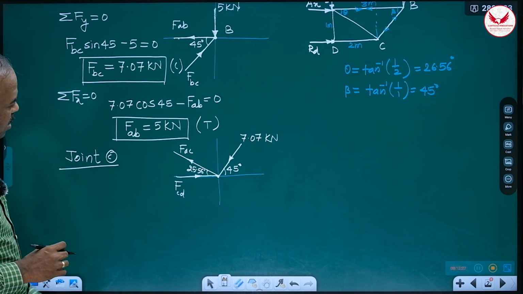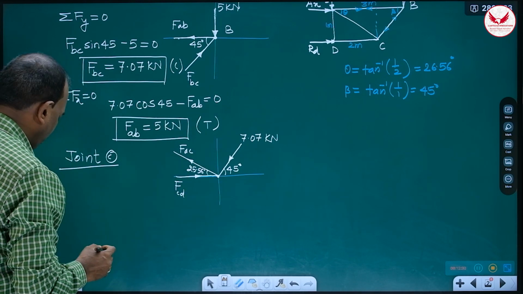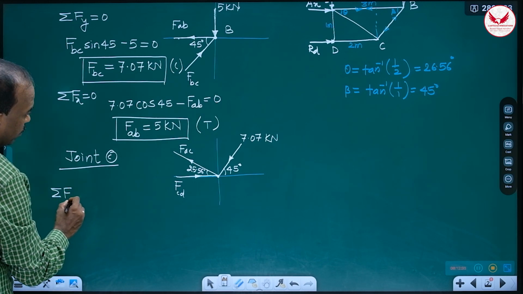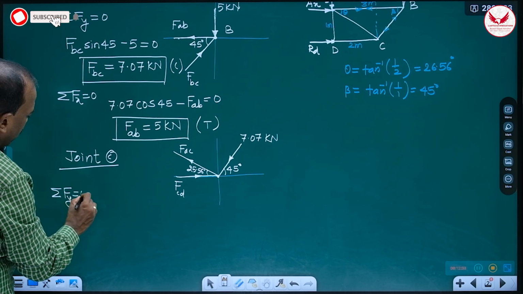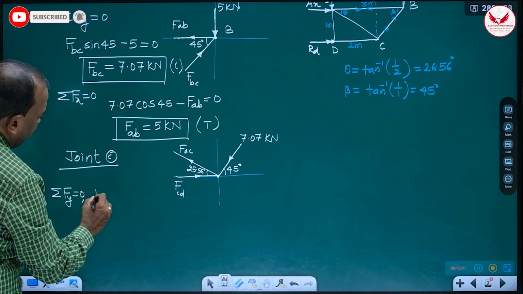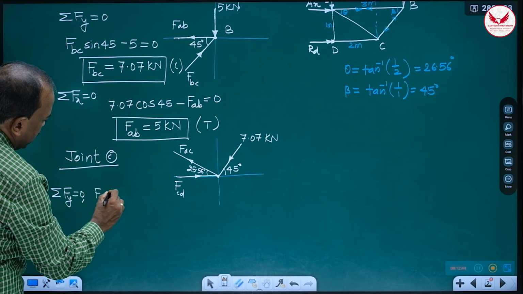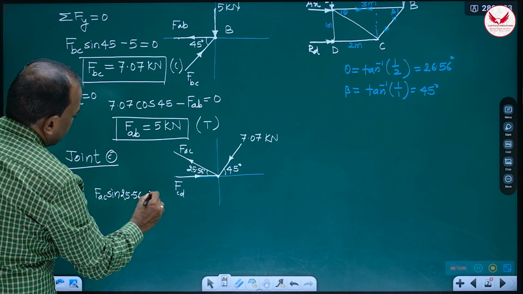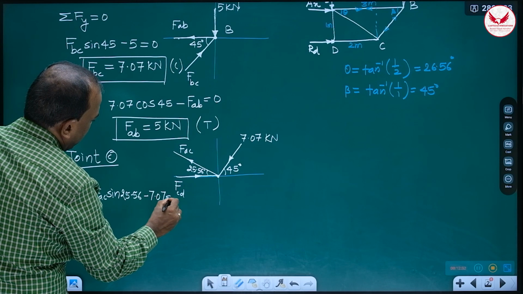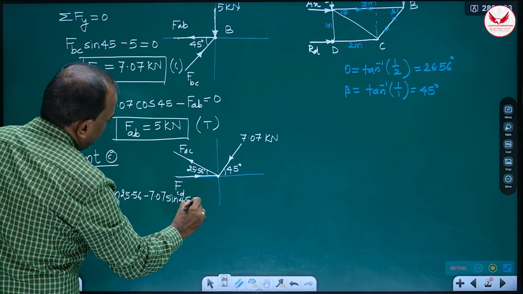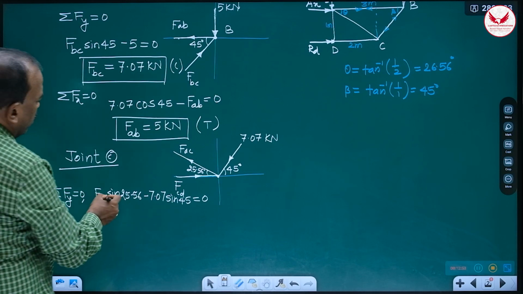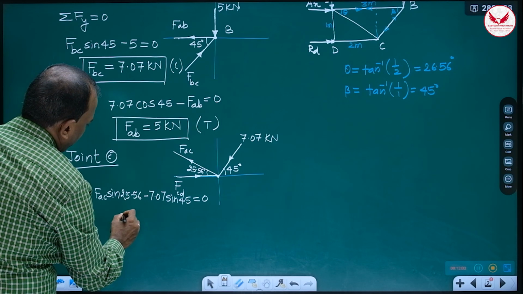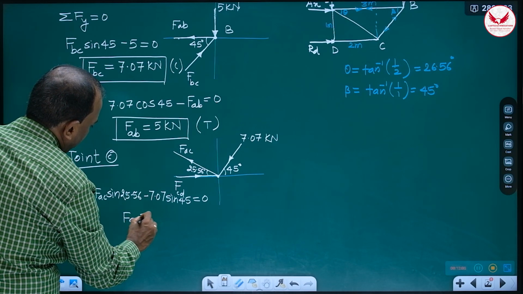How should we use them? The unknown is horizontal, so the very first condition we use is summation Fy equal to 0. Then FAC sine 26.56 minus 7.07 sine 45 is equal to 0. Upward is plus, downward is minus, and from this we get the answer for one member, FAC.